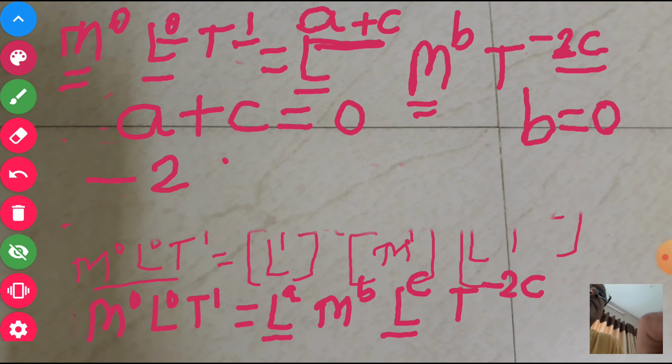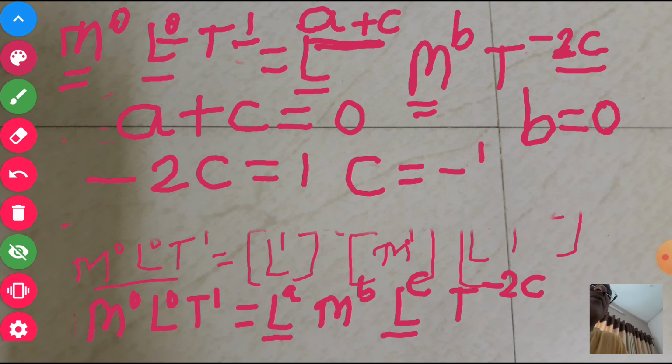So C is equal to minus 1 upon 2. Okay, so we have the value of C, that is C is equal to minus 1 upon 2.